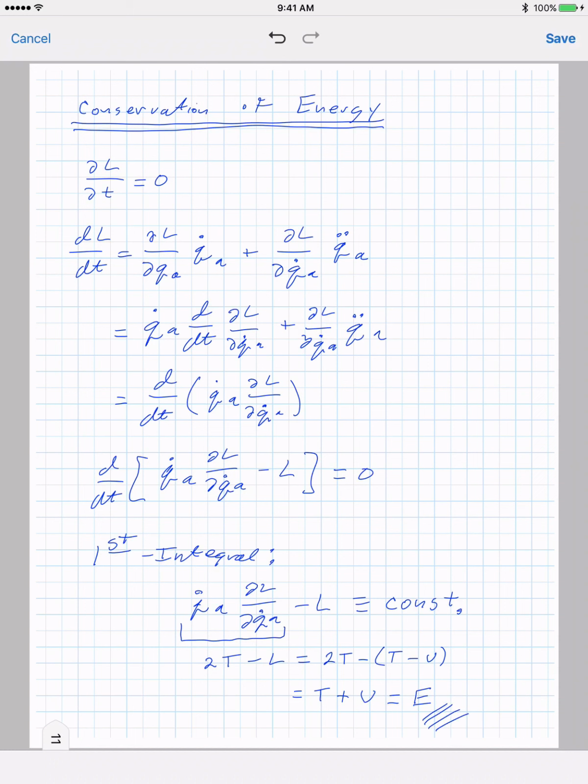And so when there's no explicit time dependence on the Lagrangian, then we get conservation of energy. So we know that for this problem of orbital dynamics, there is no explicit time dependence, and so we do have an energy conservation principle going. That's going to be one of the things that we can use to solve for the dynamics.